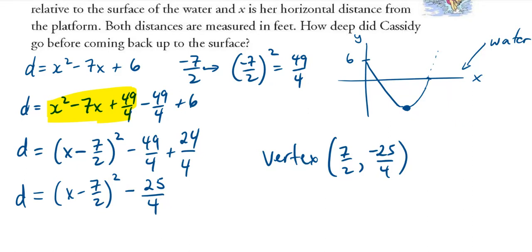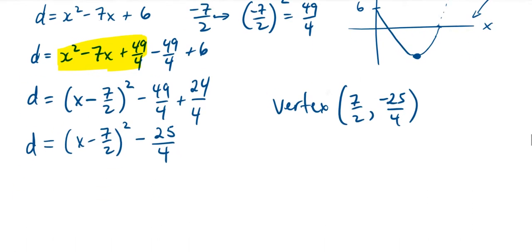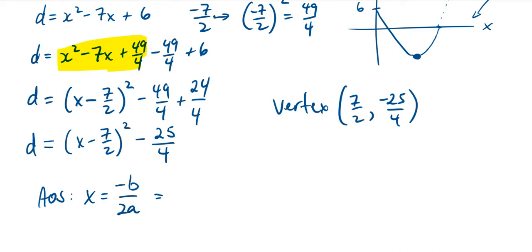Okay. An alternative way to get this answer is, remember the axis of symmetry formula? The axis of symmetry formula is x equals negative b over 2a. I could also have done that as well. So b is negative 7, a is the invisible 1 in front of the x squared.